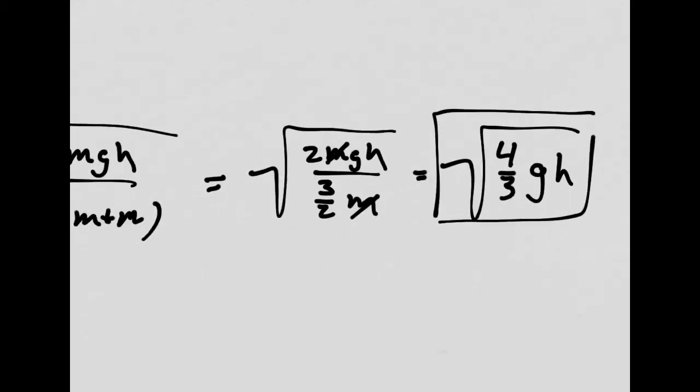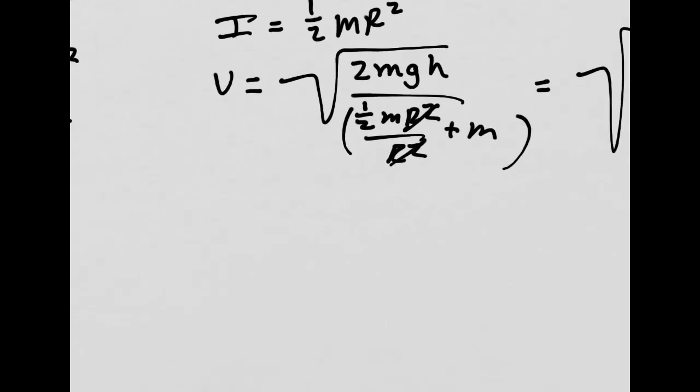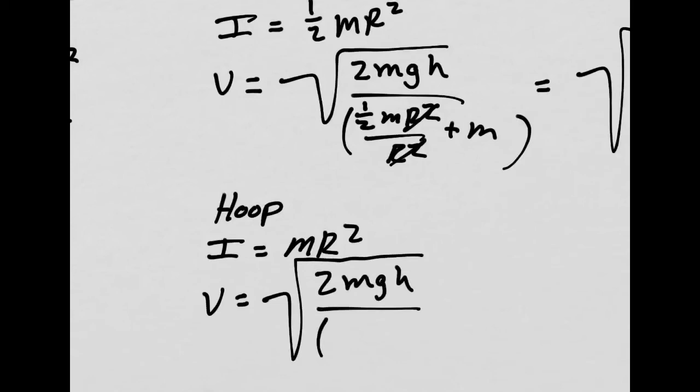And the last thing we have to do is the hoop. The hoop has a moment of inertia of mr squared. So the velocity is the square root of 2mgh over (mr squared over r squared plus m).